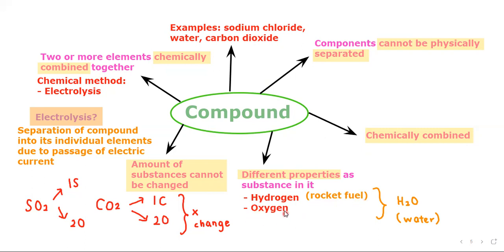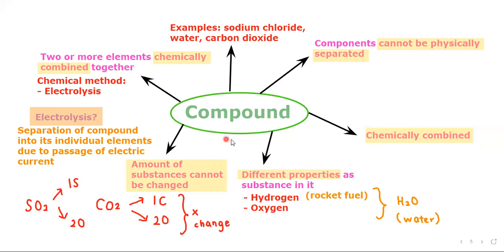Oxygen has its own properties, used for respiration or breathing for all living things. When these two different things are combined together, let's say you use 2 hydrogen and 1 oxygen, it will become water. Water has totally different properties compared to the individual elements. So that's why we call it different properties from the substances in it.